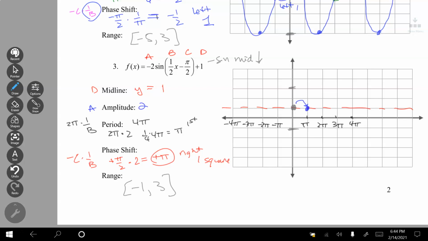So the first dot is really here at x equals pi instead of the y-axis. And because it's a negative sine graph, the next dots will be minimum, middle, max, middle, and so on and so forth. I can just copy the pattern. Hopefully you know by now that the pattern always has every other dot on the midline. And I get this graph that I have.